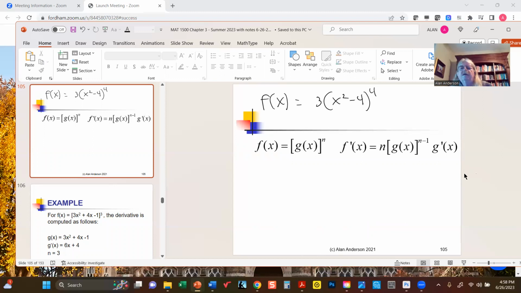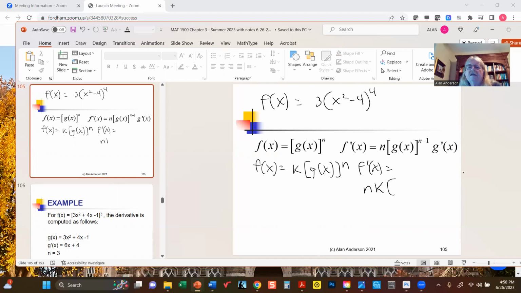Now, this rule could be written as well if you had a constant, which we do here. Nothing really changes, because then you're going to have n k g of x to the n minus 1 times g prime of x. So if there's a constant in front of our expression, then you just leave it on the outside. The rest of the rule stays the same.